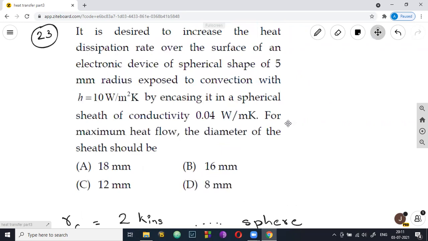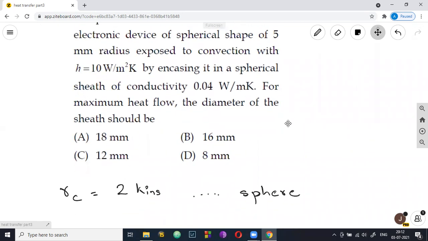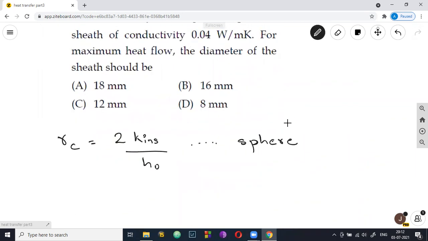Which K value should we consider? There are 2 K values here. Actually, it is not mentioned, but sometimes to confuse you, what they do is our inner material's K value is also mentioned. Outer material's K value is also mentioned. That is your insulator's. Only consider the K value of the insulator. Inner material K value does not have any effect.